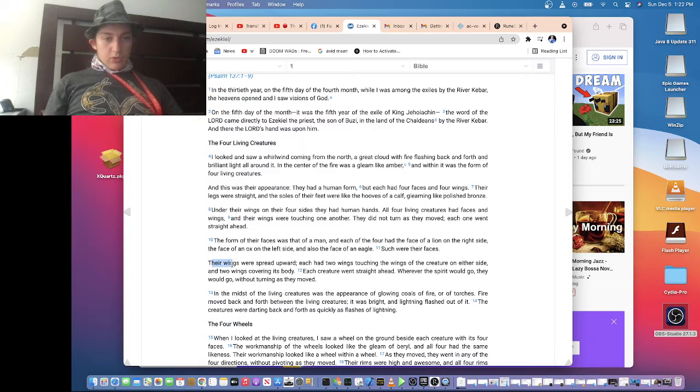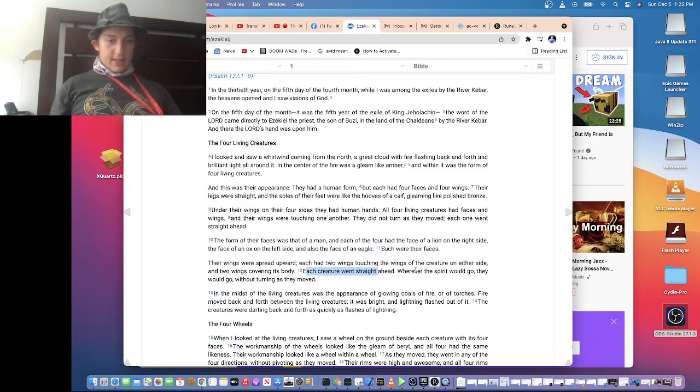Their wings were spread upward, with two wings touching the wings of the creature on either side, and two wings covering its body. Each creature went straight ahead. Wherever the spirit would go, they would go without turning as they moved.